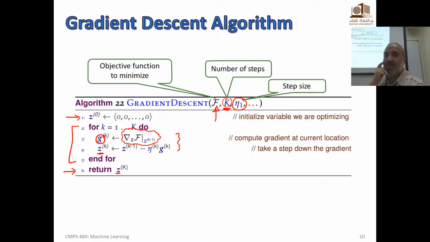Why did we initialize with zeros? Arbitrary choice. Yeah. There's nothing specific. When we talk about neural networks, we will change this a bit, okay, for a reason. But here you can start anywhere. The simplest thing is to start from 0.